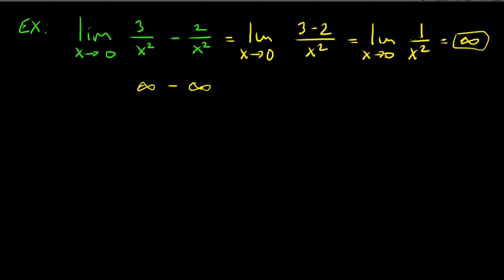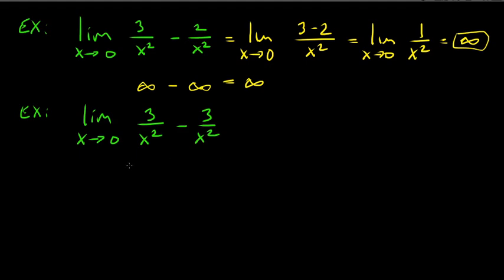Okay. Fair enough. Like I say, infinity minus infinity could be anything. Could be infinity. Could be 0. You can probably figure out where you do get 0. Very easy. Just do this.